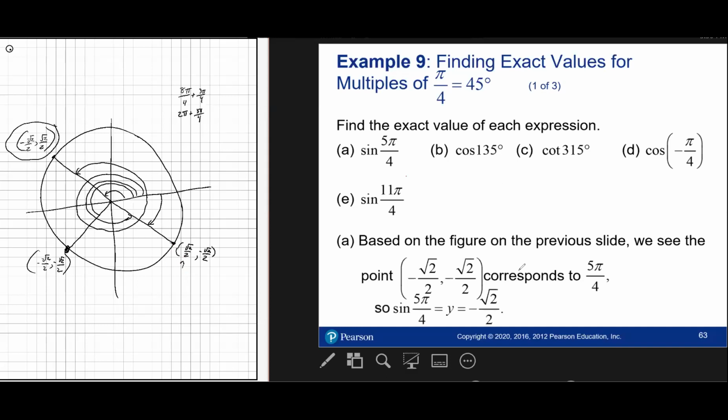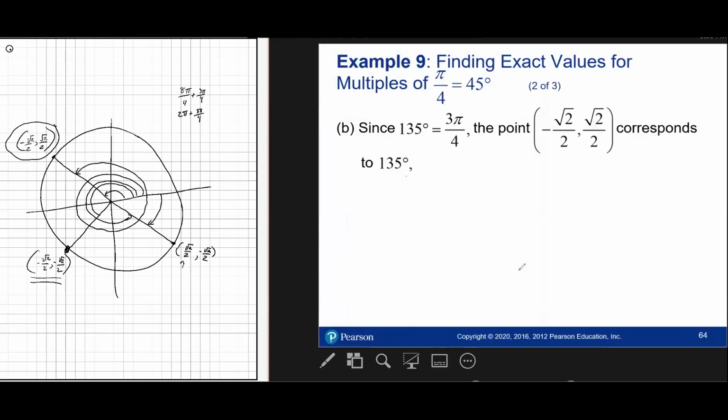And so, yeah, I said that one was negative square root of 2 over 2 because the y, which one was that? Oh, that was this point here. Okay. And then 3/4 pi winds up here.